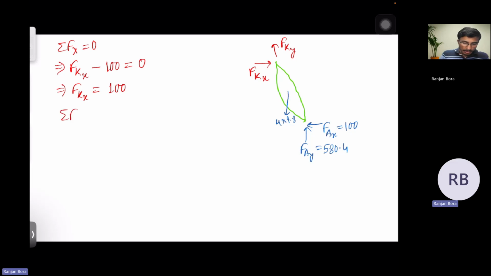And summation Fy is 0: Fky minus 4 into 9.8 plus 580.4 equal to 0.